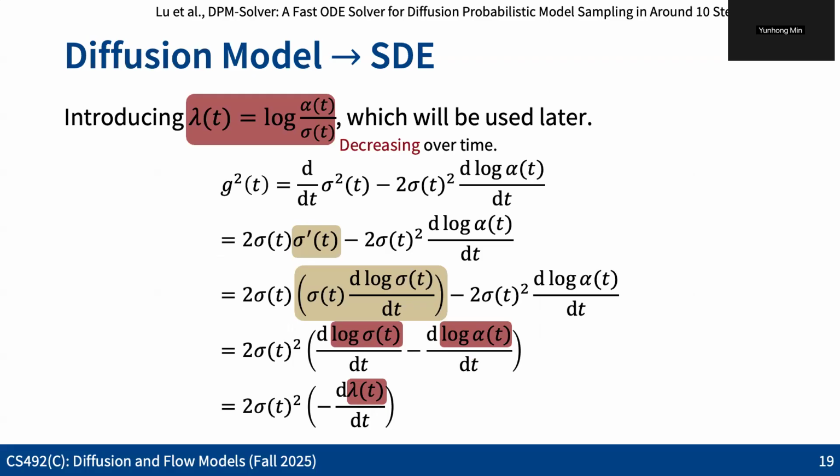The meaning of the lambda function is nothing but half of the log of the SNR. When we have this curl here, this was the SNR, right? So this lambda function is half of the log of the SNR. When you introduce the lambda function, we can also rewrite some parts of the formulation. The G, this curl function, can also be written in the form of the lambda function.